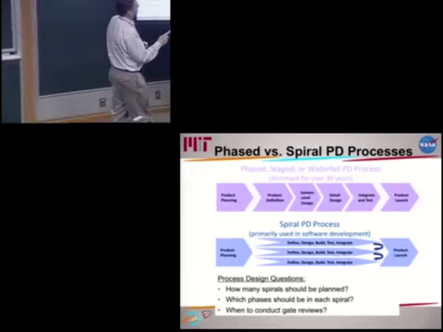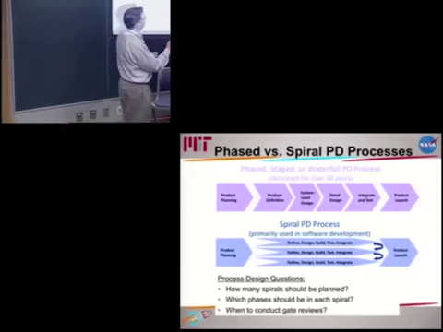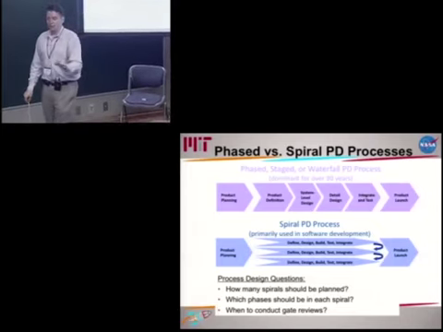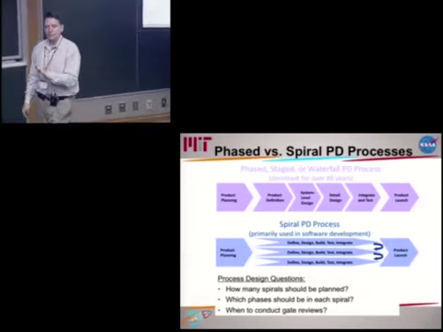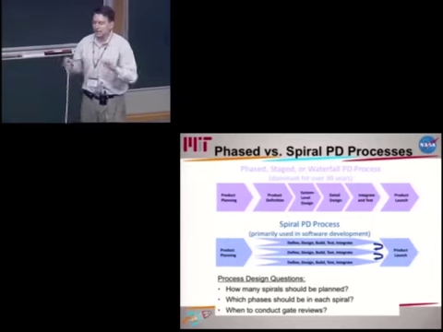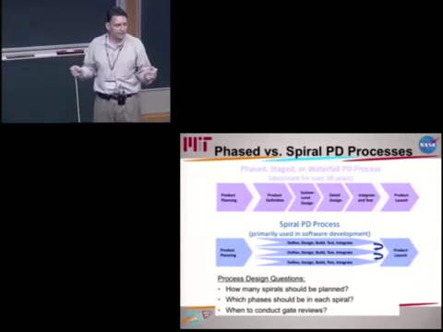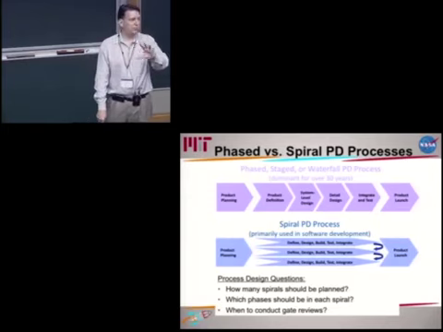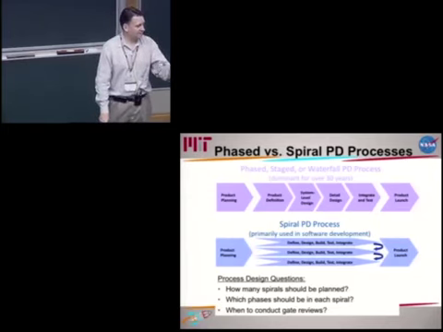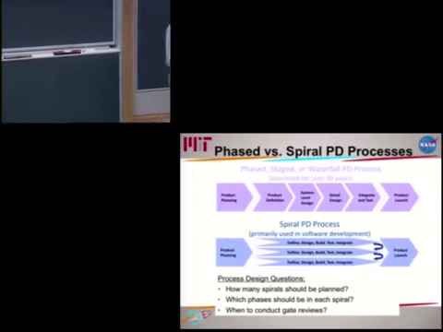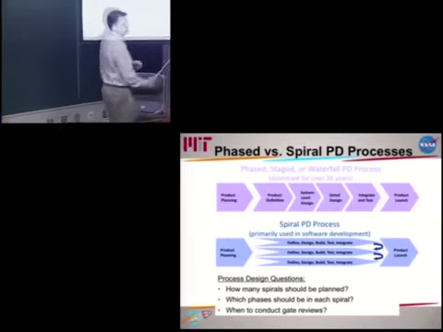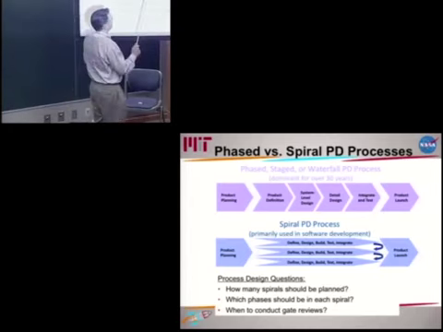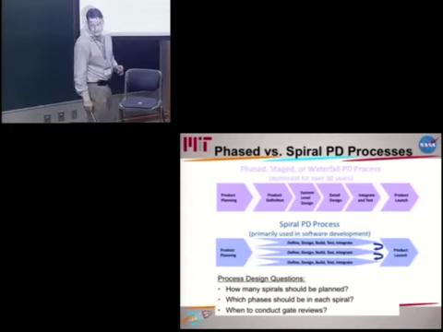Spiral is a little different. The idea is you're going to go through all these steps very quickly initially, and it's not going to have all the features, all the bells and whistles. Maybe you're only trying to achieve 3 out of your 10 key requirements in the first spiral. So you're trying to get very quickly through the whole process, but it's incomplete. But by doing that, you're going to learn a lot.